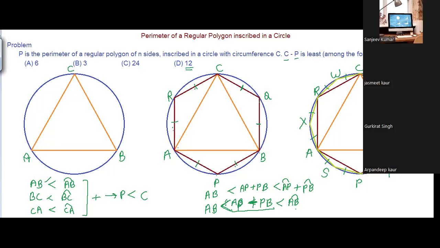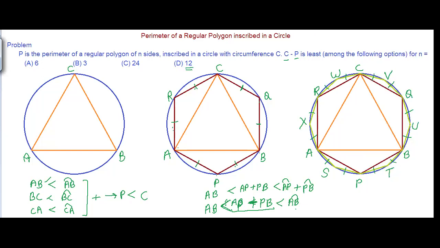But if we similarly think of a 24-sided polygon, then the difference between the circumference and the perimeter of this polygon will be still less.